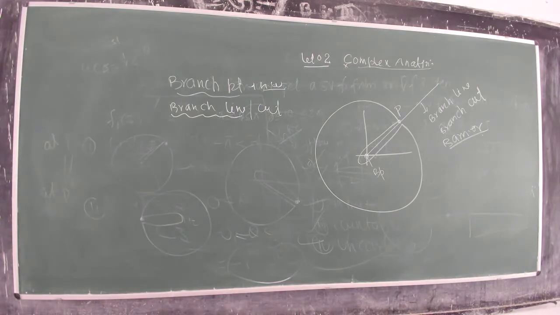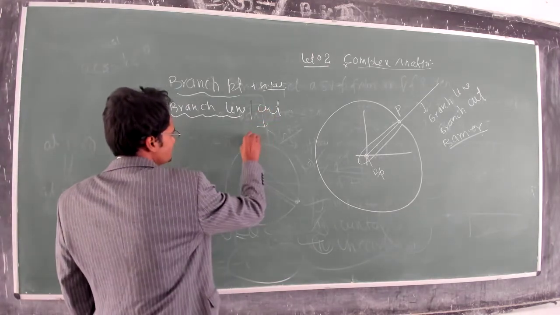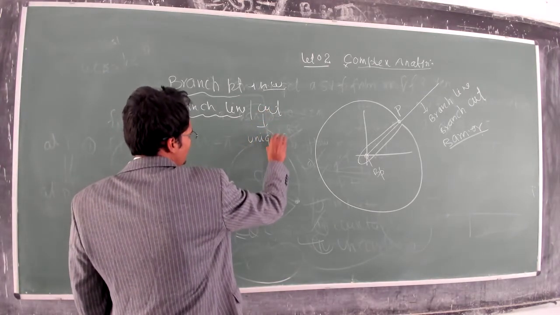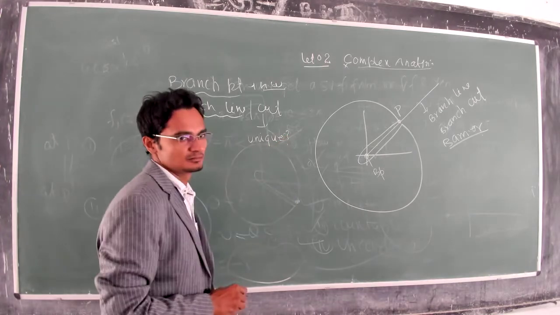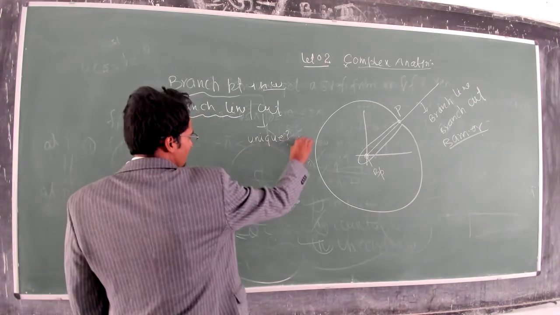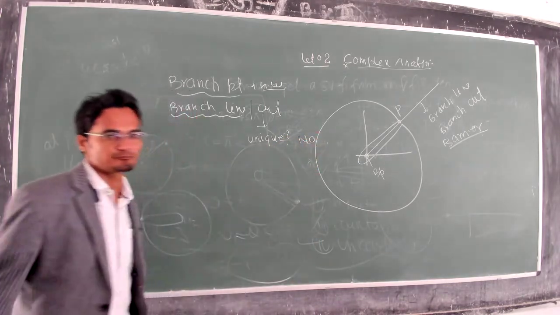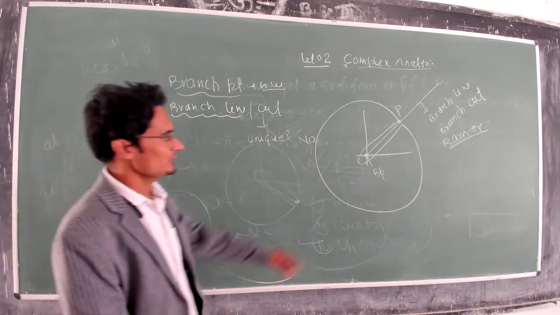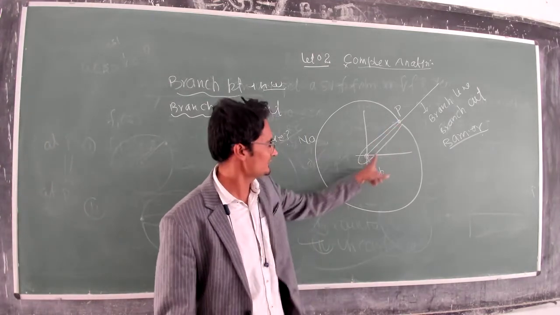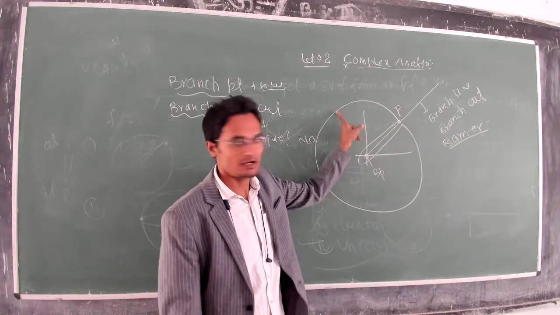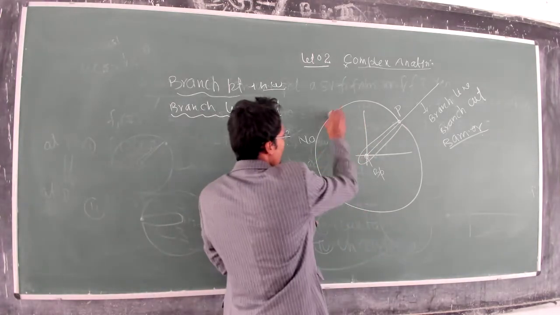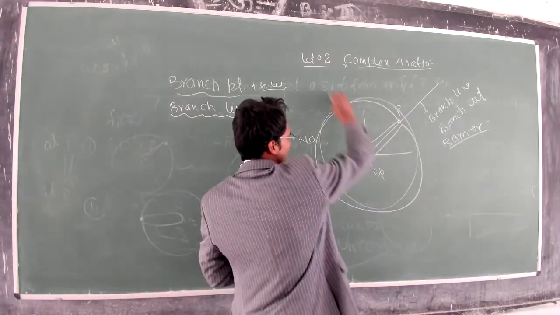So the question arises, is this branch cut unique? Then the answer is no. Because if you are starting from here, this is a branch cut. If you are starting from here, then definitely the branch cut will be different.